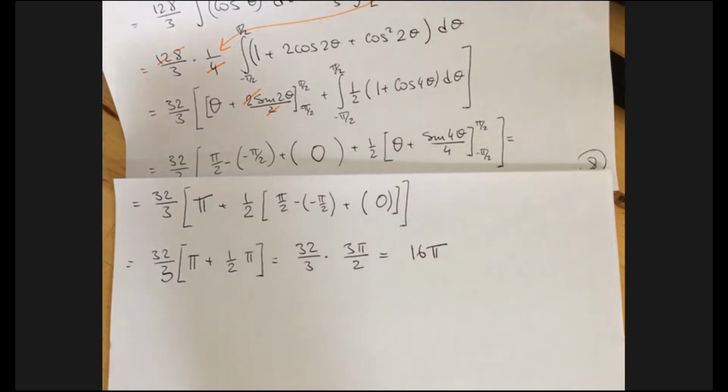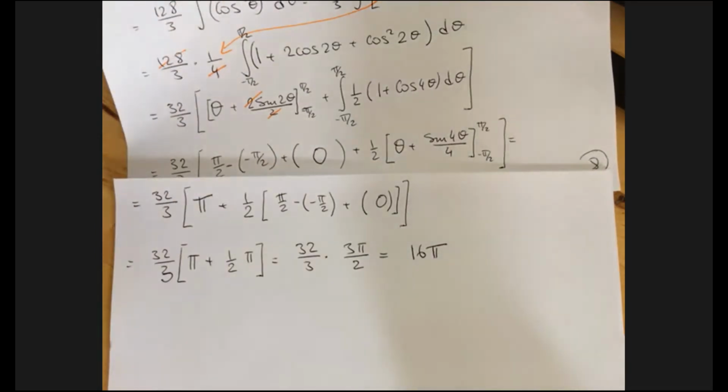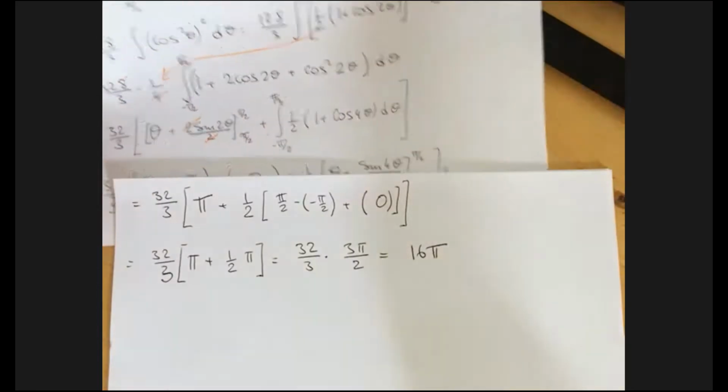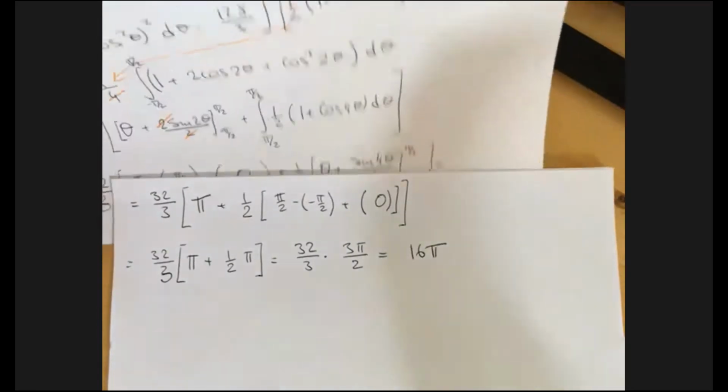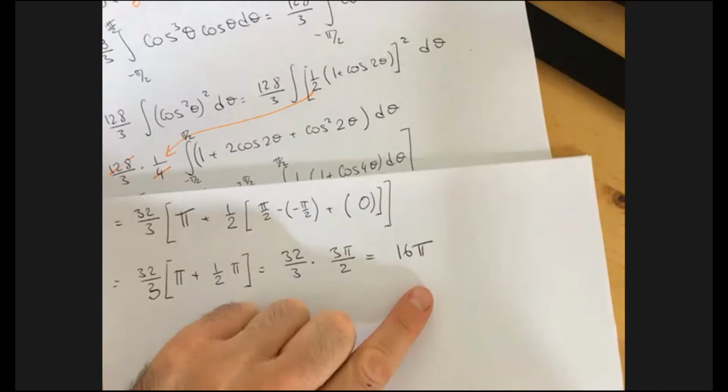I have a question. Instead of doing it in x and y, could we have done it in cylindrical coordinates? Of course, absolutely. I just wanted to show you that if you don't choose the right method, you're going to suffer. You're going to get the right answer, but you're going to suffer.